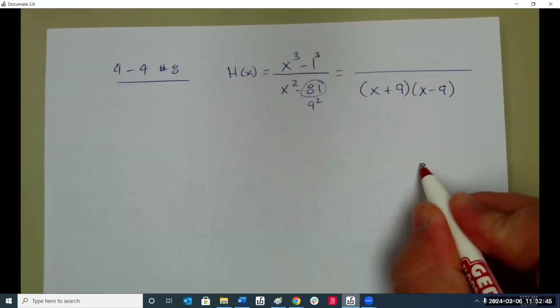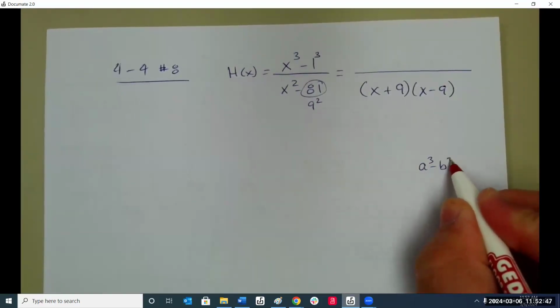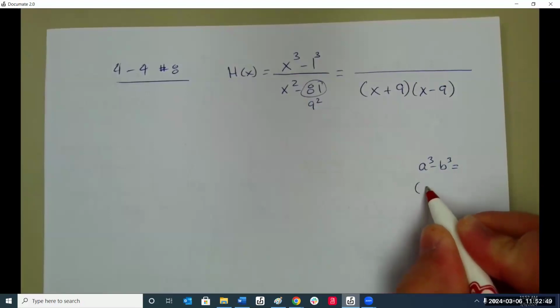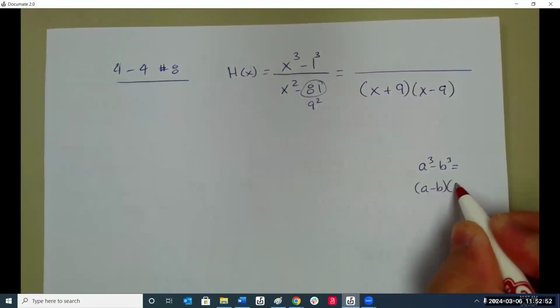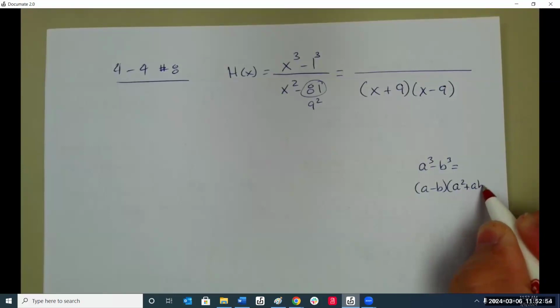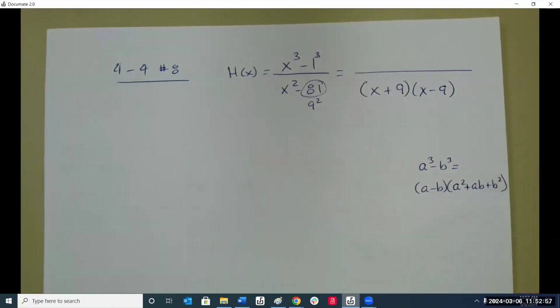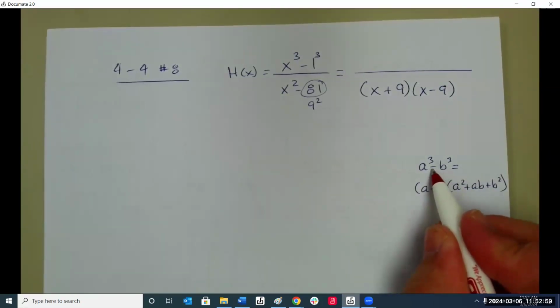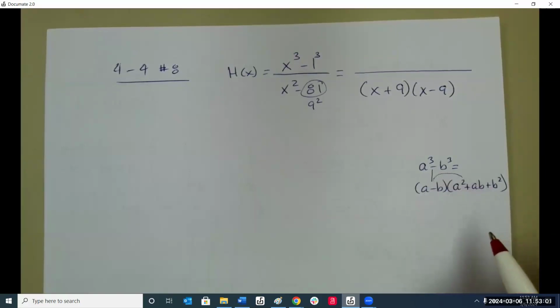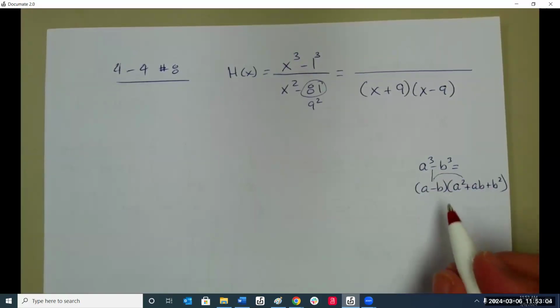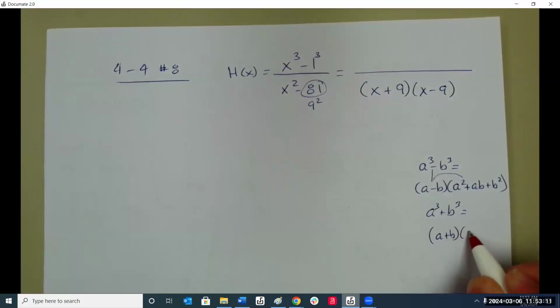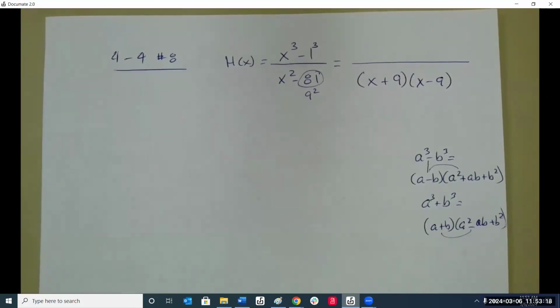The difference of two cubes is a minus b, a squared plus ab plus b squared. If it's a minus, the other has to be opposite. And if we had a cubed plus b cubed, it would be a plus b, a squared minus ab plus b squared. The only thing different is the first two signs.